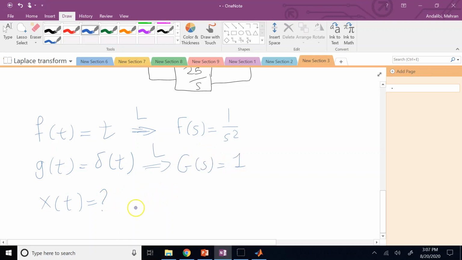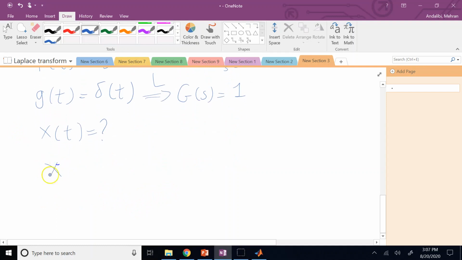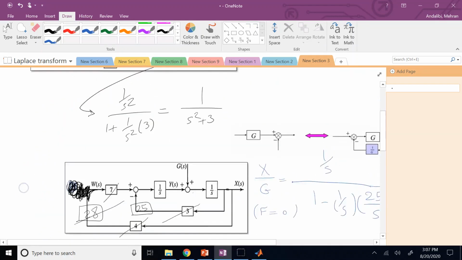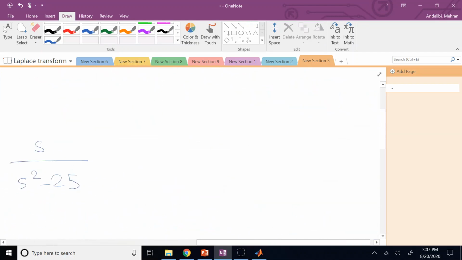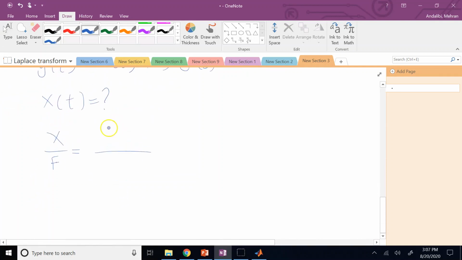And now you say x over f was something, correct? This it was 7 over s squared plus 31. And then x over g is s over s squared minus 25. So from here I find one output for x, x1 I would call it.